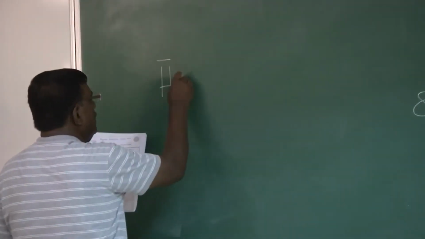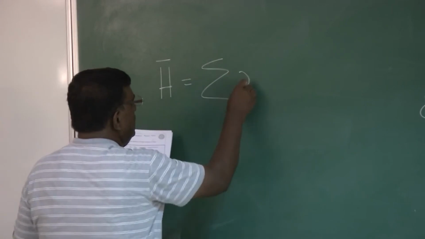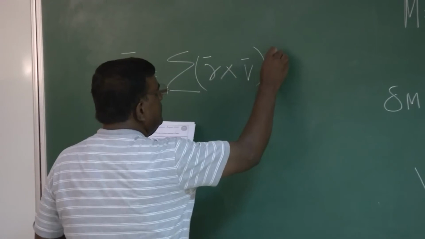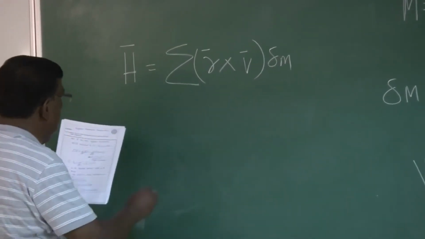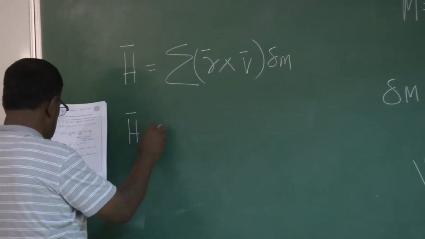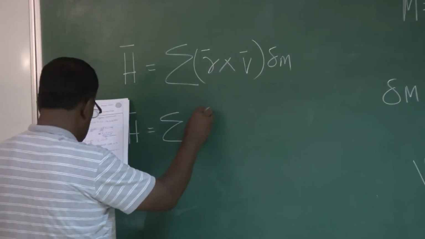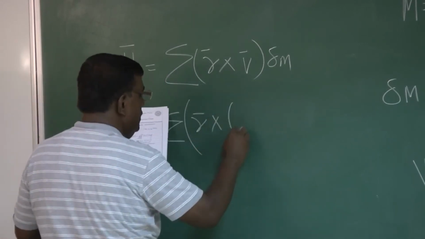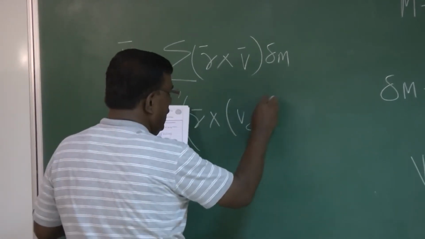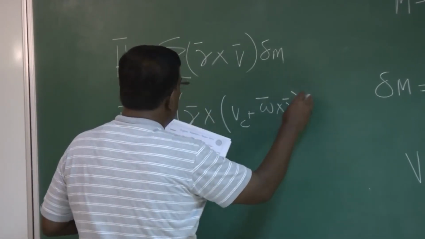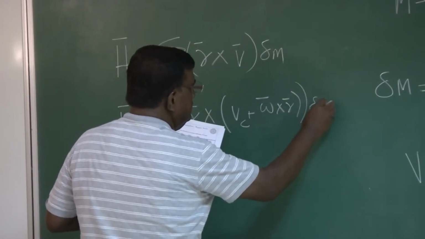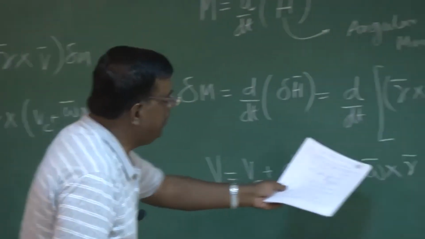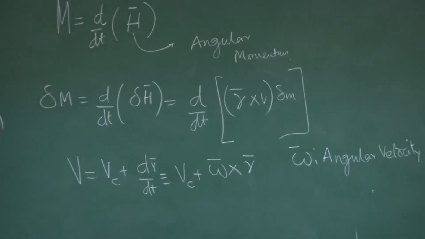Now let us do a little bit of algebra. So H, angular momentum, I can write as summation of R cross V dm, which again I can write as H equal to summation of R cross, for V I will write Vc plus omega cross R, then dm. Nothing great I have done. V I have replaced by Vc plus omega cross R. And this again I will expand.